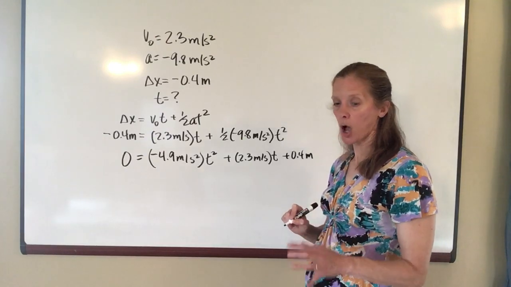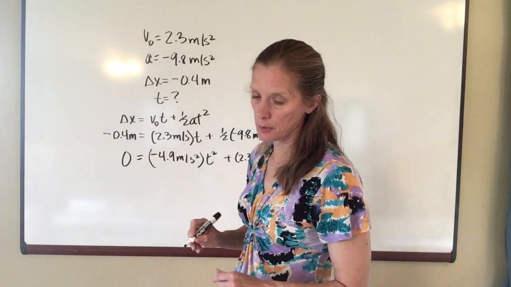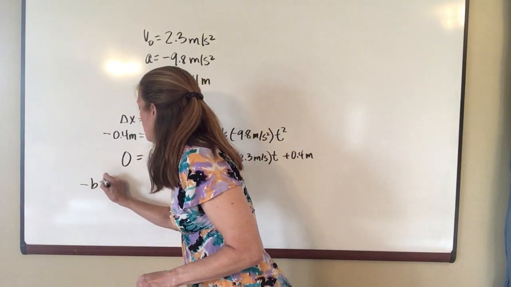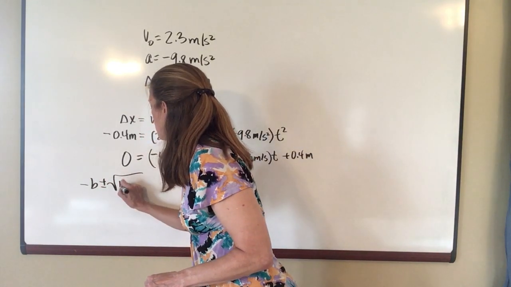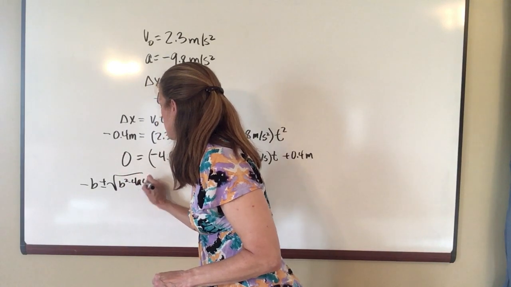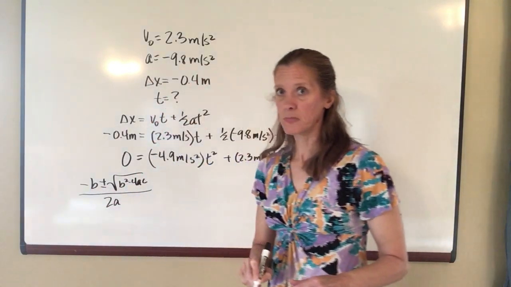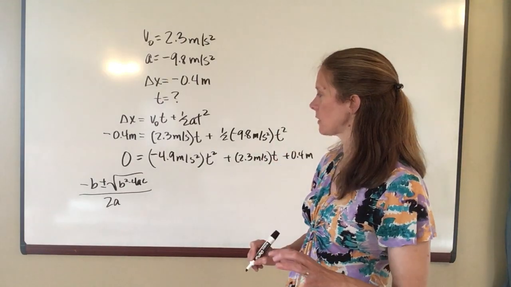Now if you recall, the quadratic equation is negative b plus or minus the square root of b squared minus 4ac all over 2a, right? Hopefully that rings some bells. Hopefully you remember how to do that.